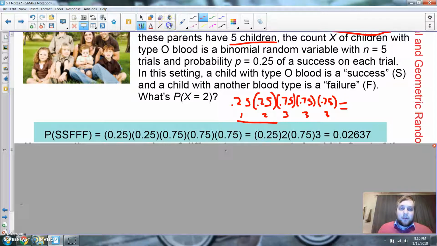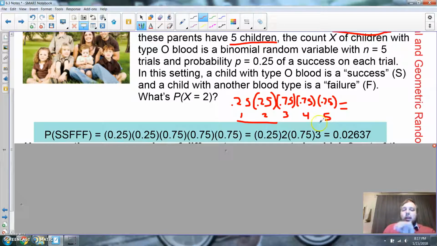Does that make sense? So this would be the event only the first 2 would have it. But there's other ways I could have 2 kids have it, right? Maybe my first 2 don't have it. My last 2 could have it, right? So this is just one way this event could happen, all right?